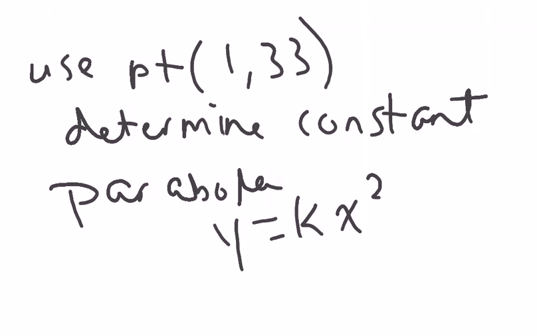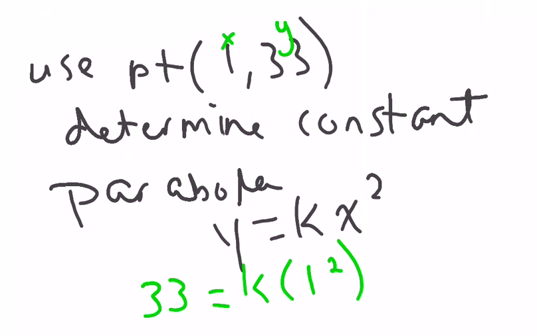And that's exactly what we're looking for. So now we can see the relationship between this and when they were talking about variation. So I know that this point gives x and y, so I'm going to plug them in. So 33 equals k times 1 squared. 1 squared is 1, 1 times k is k, so k is 33. So the equation that we need to write is y equals 33x squared.